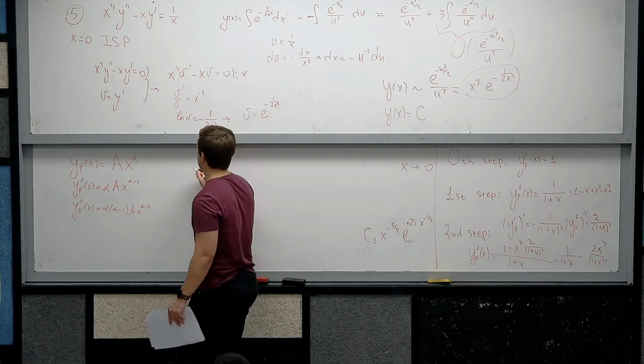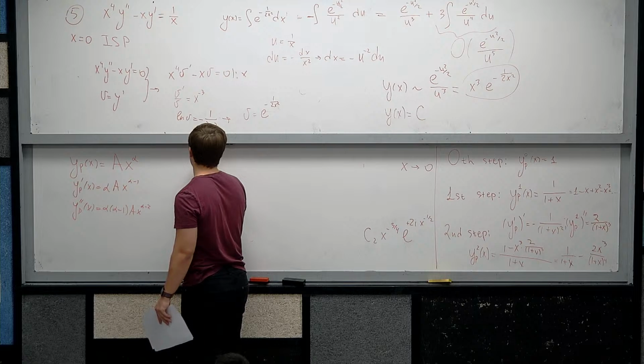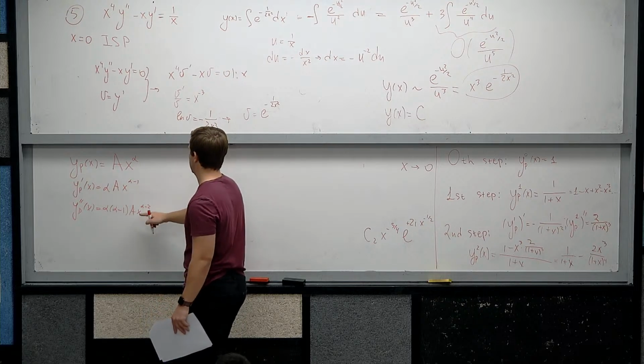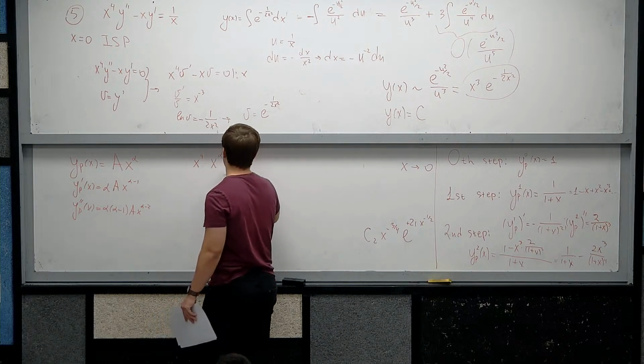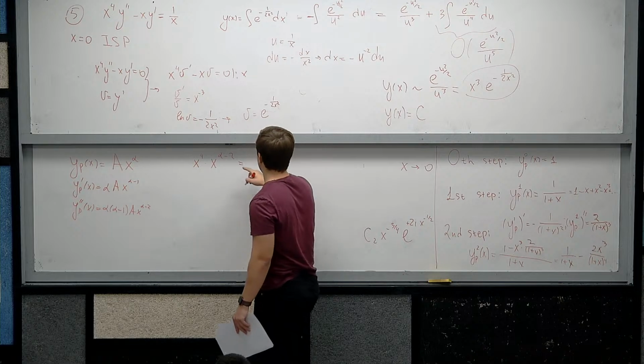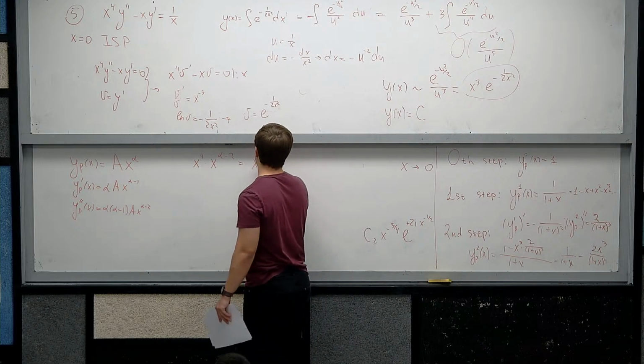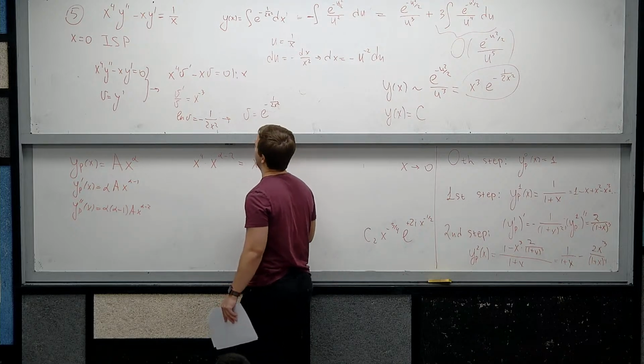Then x to the 4th multiplied by this, so x to the alpha plus 2, right?